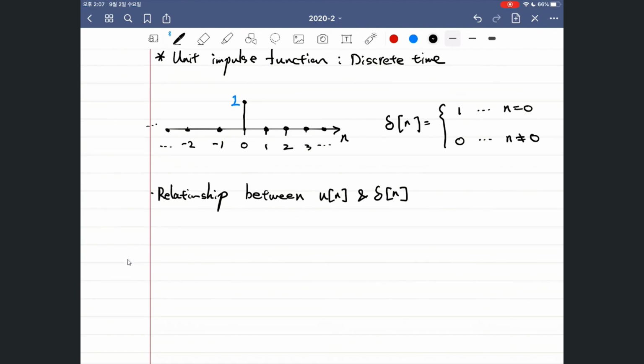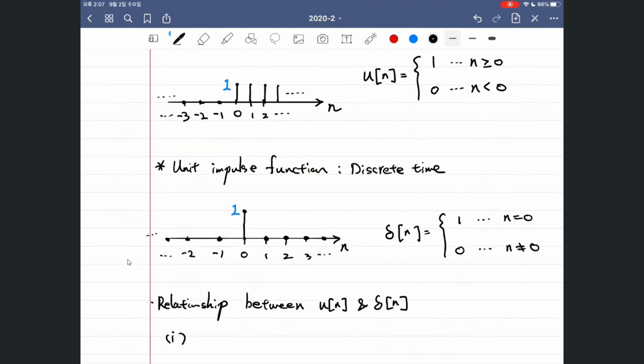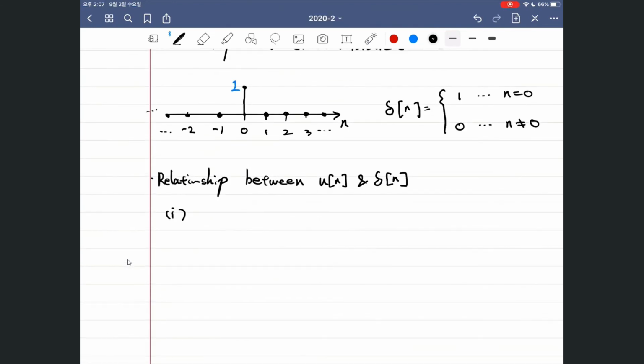The first one is about the first difference. It is about expressing delta[n] by u, which I can express as u[n] minus u[n-1]. And this equation is called the first difference.